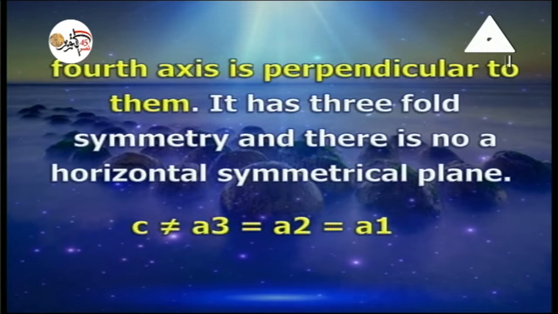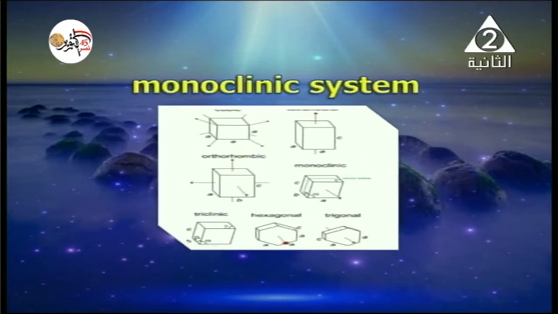It has threefold symmetrical property, and there is no horizontal symmetrical plane. So we also have C is not equal to A1, A2, A3, and it is perpendicular to these horizontal axes.